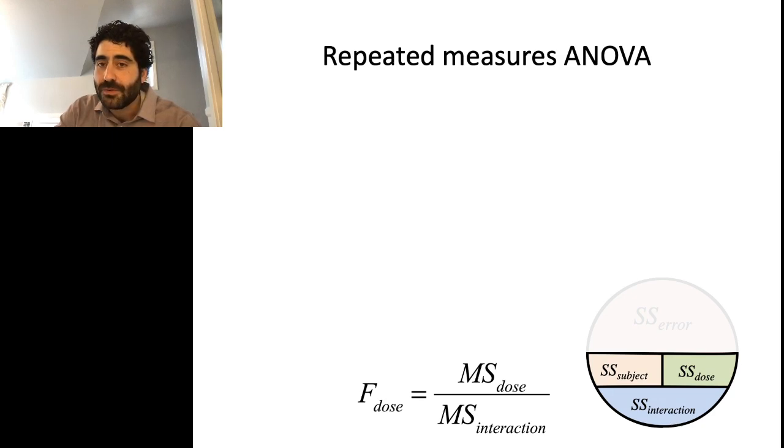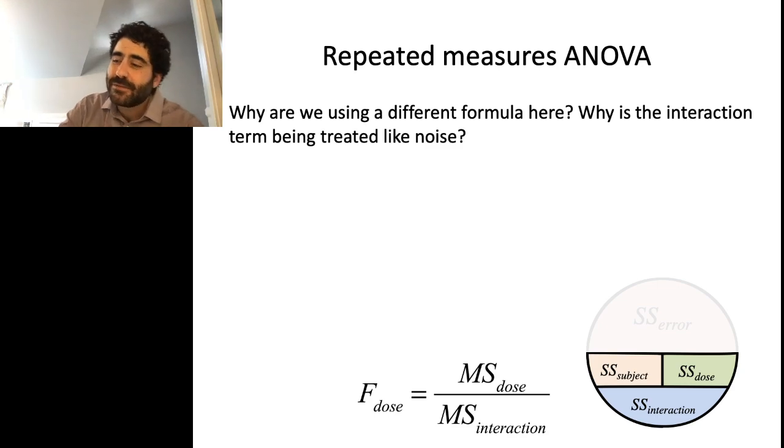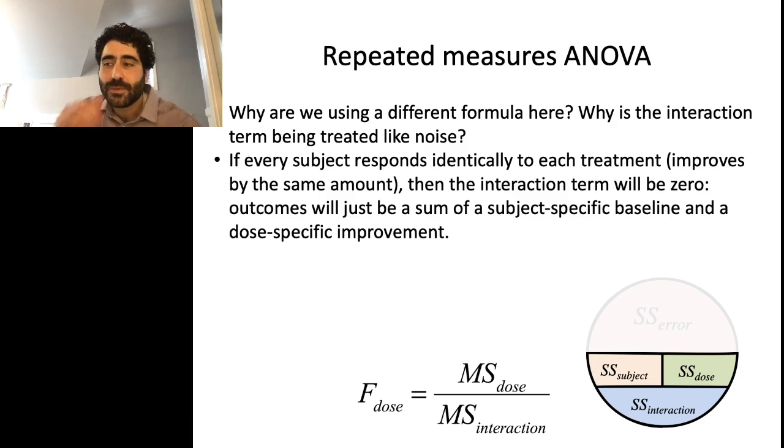This is kind of weird, right? We're treating the interaction term like it's the noise baseline, at least relative to what we did last time. The intuition here is that in a repeated measures design, this interaction is actually the more logical kind of noise, because what we're testing with a repeated measures design, and this was true for our paired t-test as well, is whether there's some kind of additive effect of the drug.